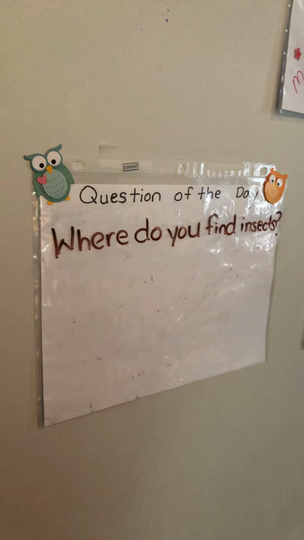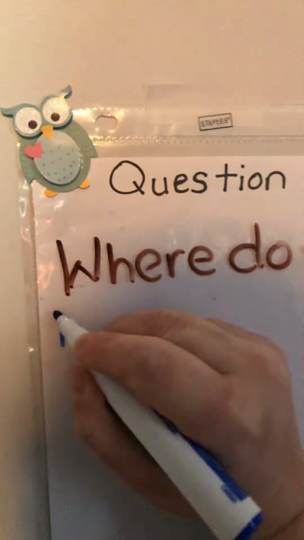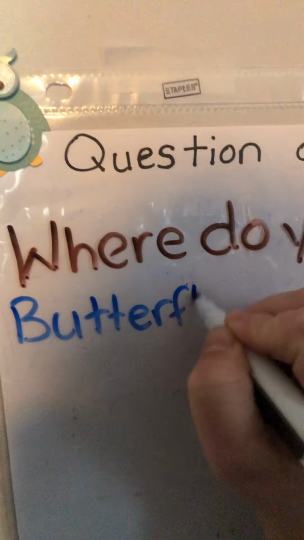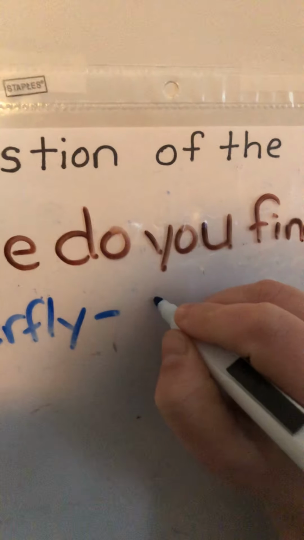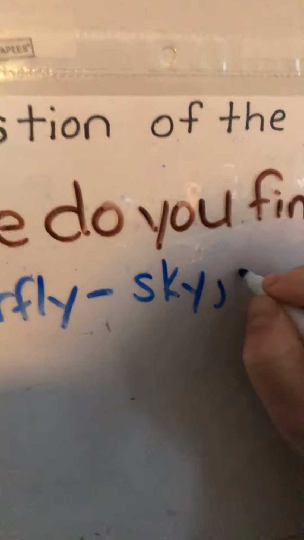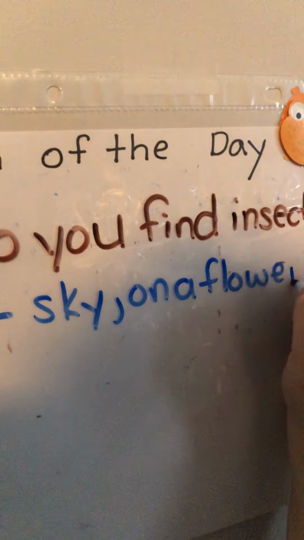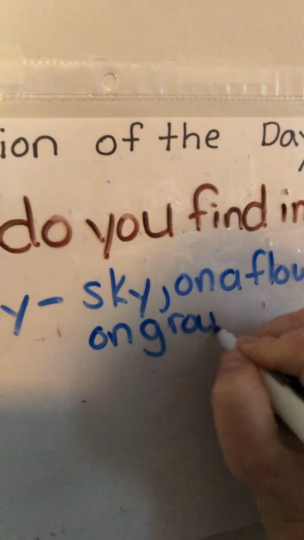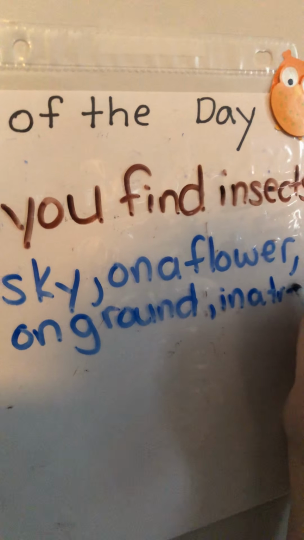Let's see, like I saw a butterfly. Now, where would you find a butterfly? You could find it in the sky, maybe you would say, or on a flower, or even on the ground, or in a tree.